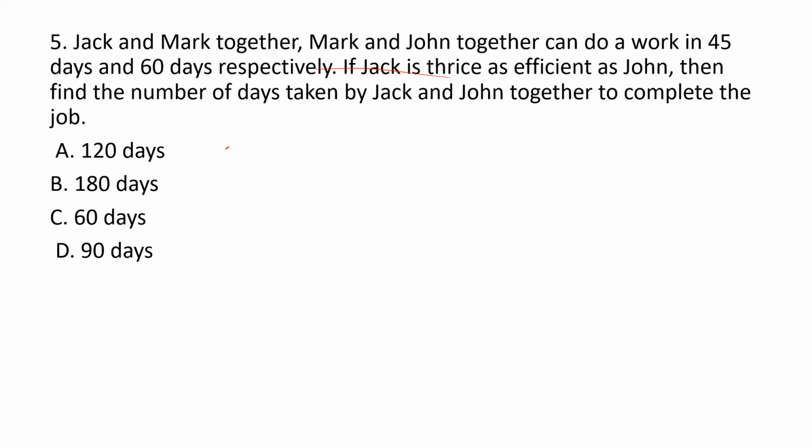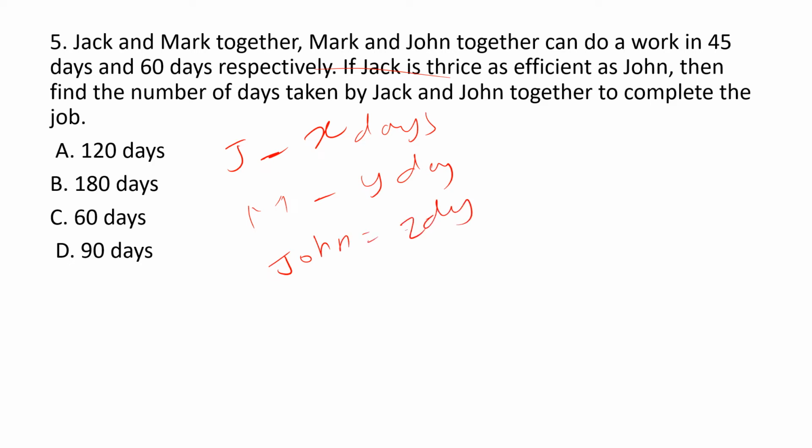Before that, let us consider Jack can complete individually in x days, Mark can complete individually in y days, and John can complete individually in z days. But Jack is thrice as efficient as John. Let me tell you that the number of days for work is always inversely proportional to the efficiency.